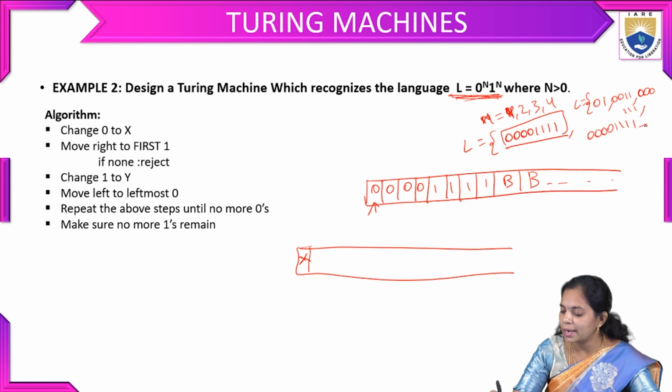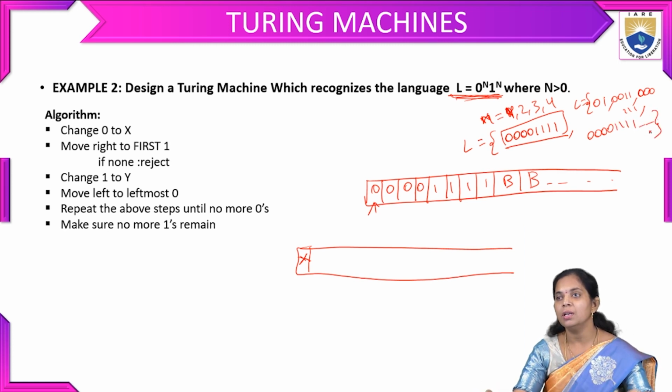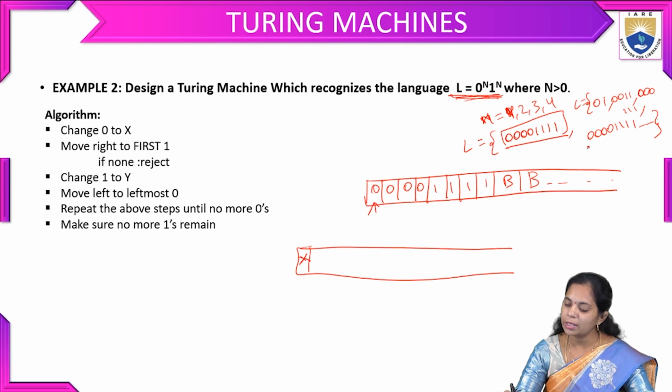So like this the language contains the strings. Here we have taken this string, and first 0 is followed by 1, so n number of zeros is followed by n number of 1s. So here the logic behind this one: 0 is followed by 1.